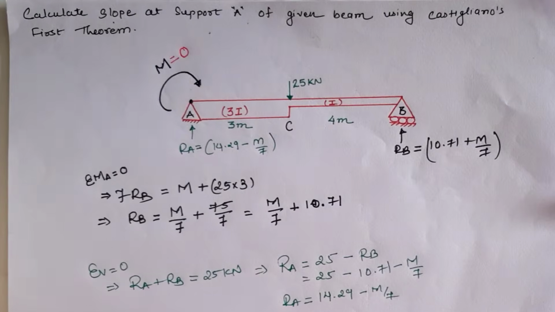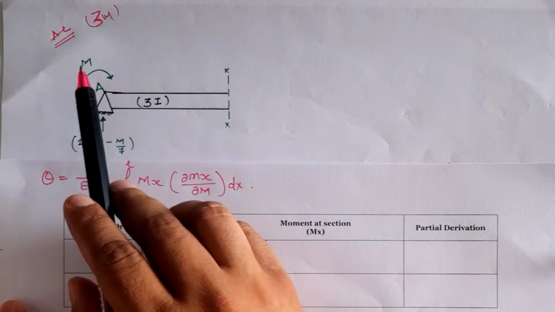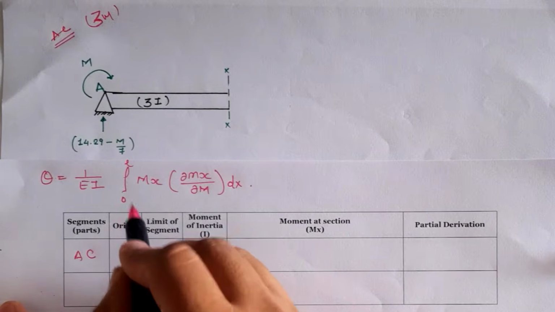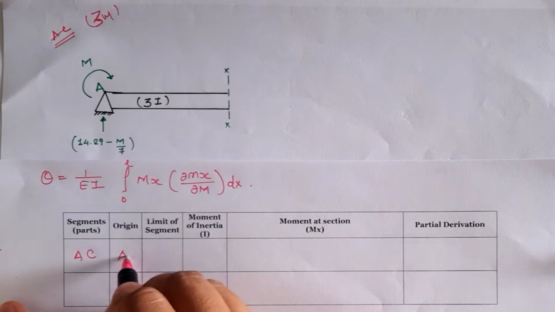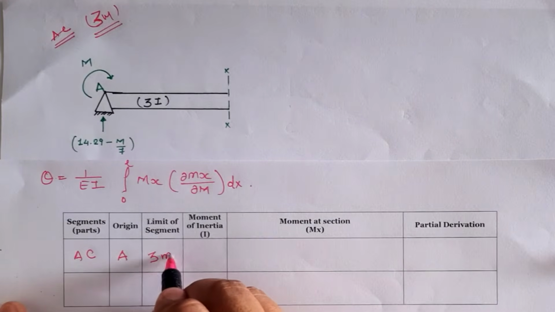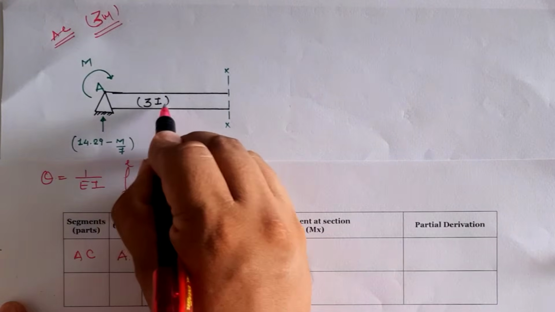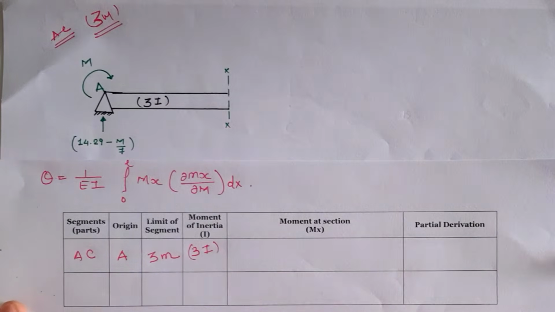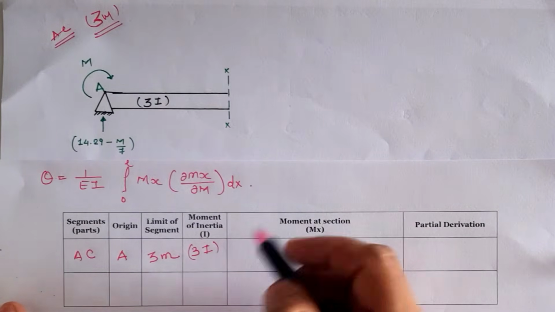Now going ahead with the segments, for the A to C segment, our origin is A, the limit of the segment is 3 meters, and the moment of inertia is given as 3I. So for the AC span, the moment of inertia is 3 times the moment of inertia of the regular section.